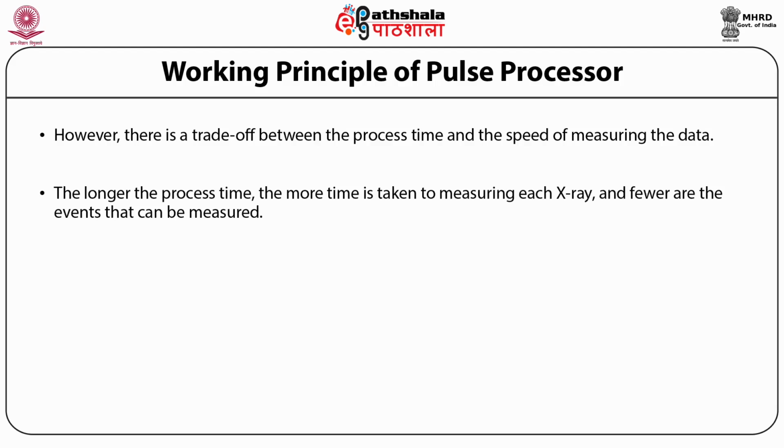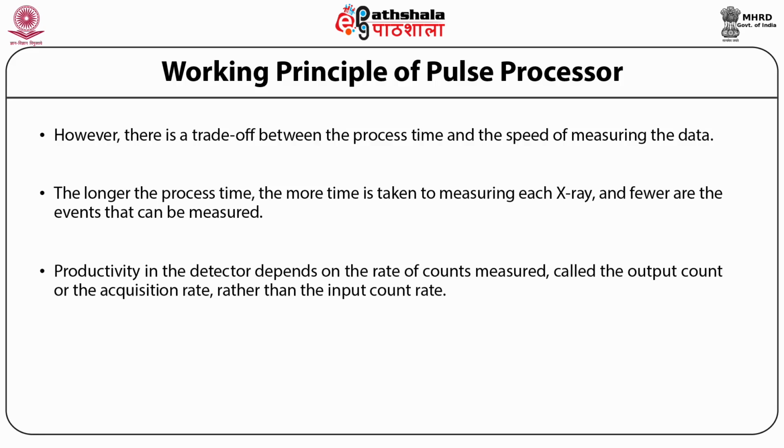However, there is a trade-off between the process time and the speed of measuring the data. The longer the process time, the more time is taken to measure each X-ray, and fewer are the events that can be measured. Productivity in the detector depends on the rate of counts measured, called the output count or the acquisition rate, rather than the input count rate.